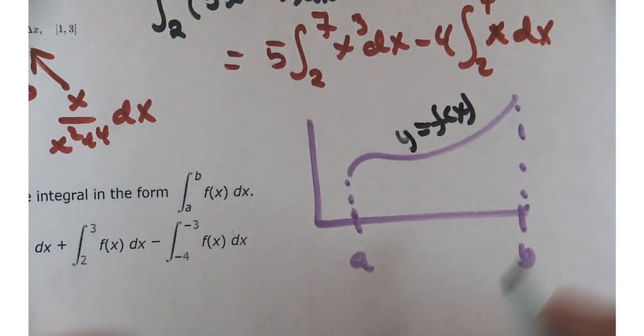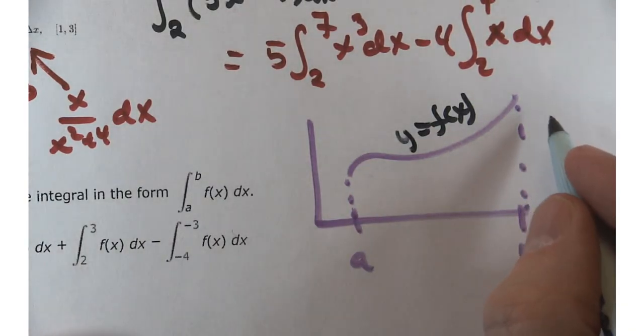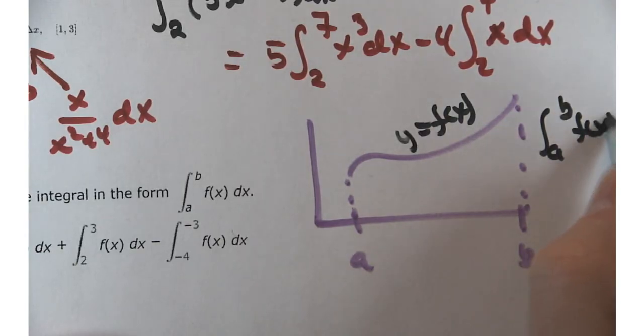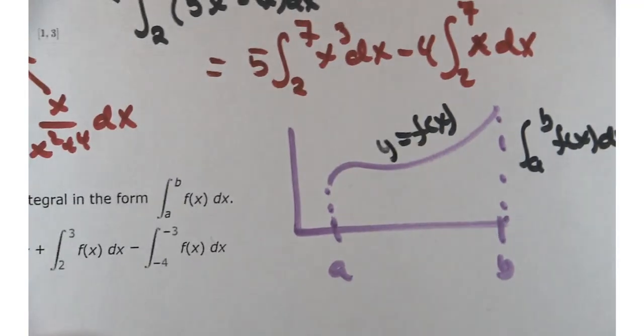If I wanted to find the area underneath this curve, it would be the integral from a to b of f of x dx. That's the area underneath this curve.